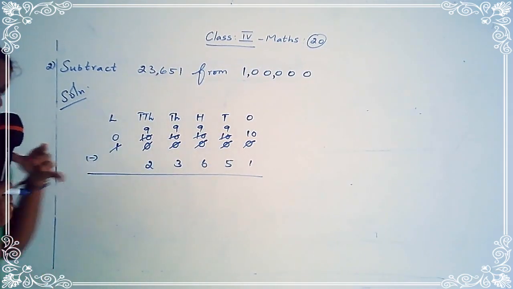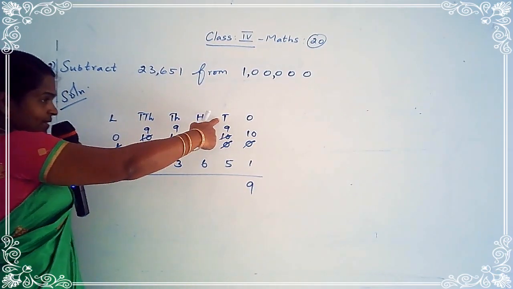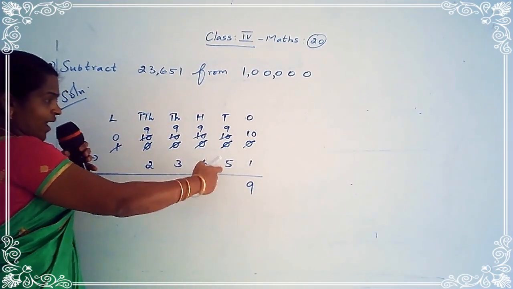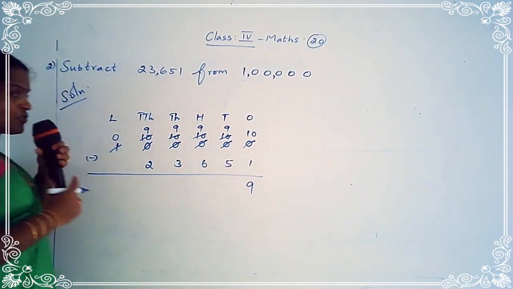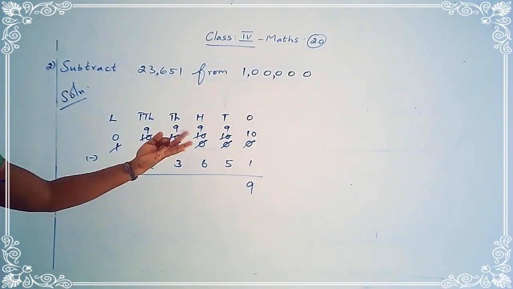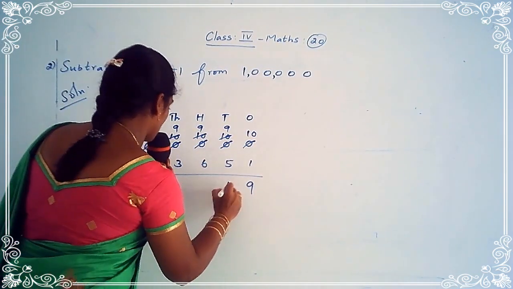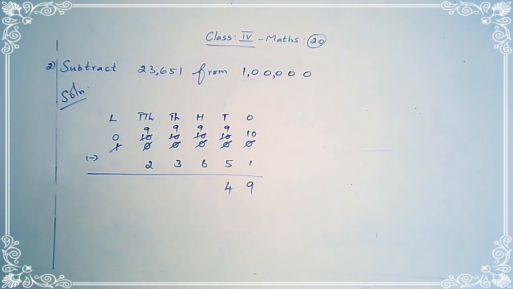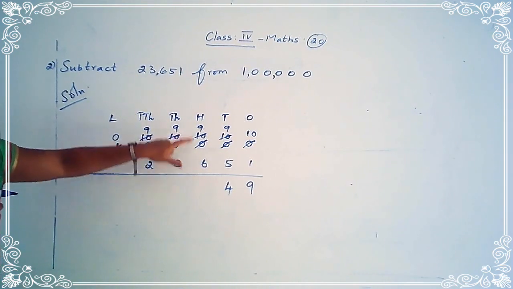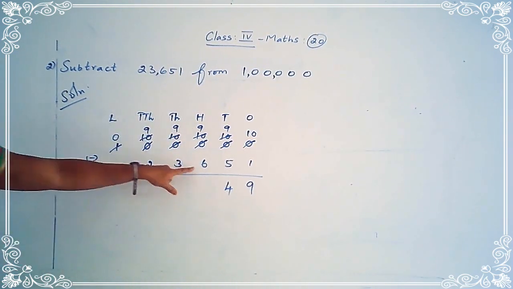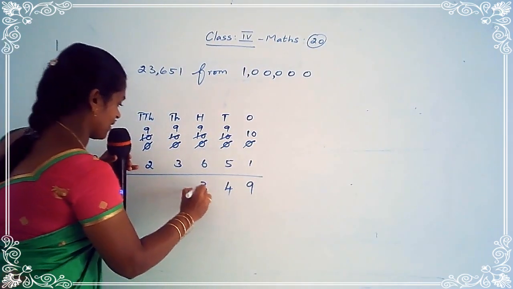So 10 minus 1 is 9. Next, the tens place has 9 and 5. 9 minus 5 is 4. Now the hundreds place has 9 and 6. 9 minus 6 is 3.